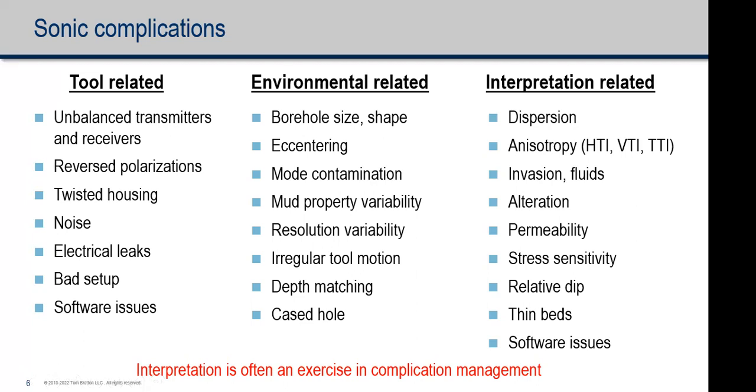And I might add, this is why I think you still need an expert processor to be involved in this, not only to cross-check that there's no tool-related problems, but to identify to the geomechanics people what the complications are, where my velocities and my interpretation are highly accurate, where they are compromised, and just how big the compromise is.